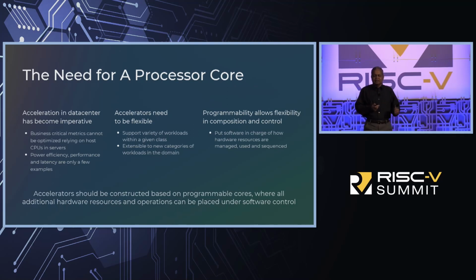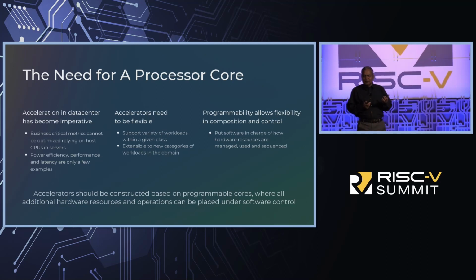The second is that we also should be resilient with the architecture so that it is extensible to new categories of workloads in the domain that come up in its lifetime. Anytime we design or deploy something, we expect it to be there for at least 3 to 4 years, so there should be some resiliency in the architecture.